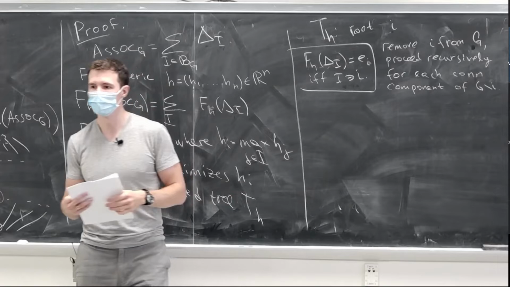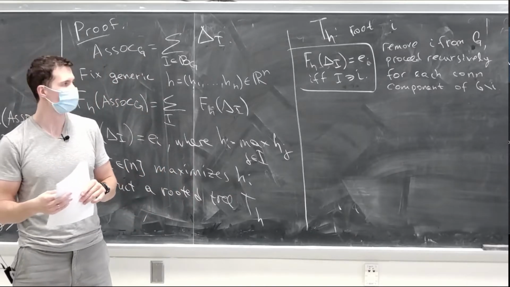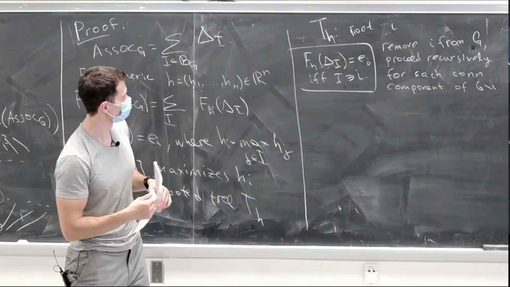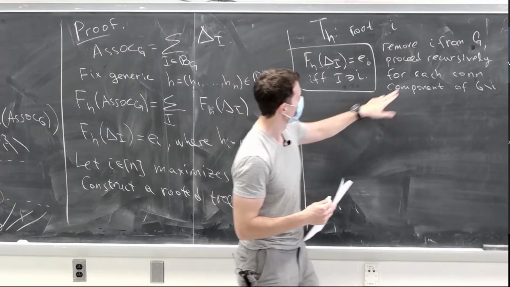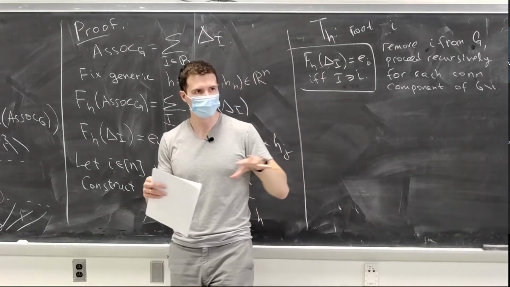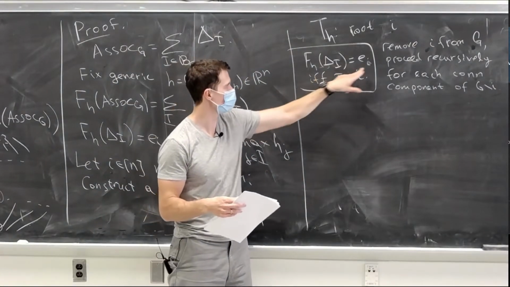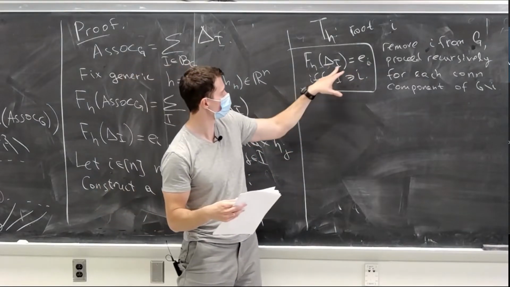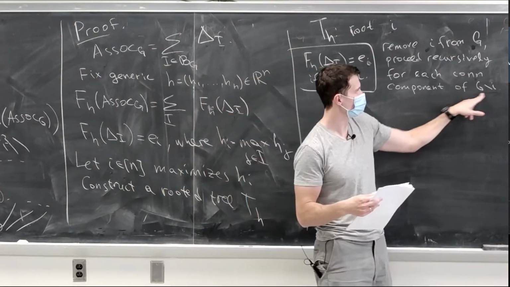Yeah? Well, not quite the breadth-first search, but I'm just saying that once I know that i is maximal, I know the result for all capital I's which contain a little i. So I can consider only connected subgraphs which are connected inside this graph here.